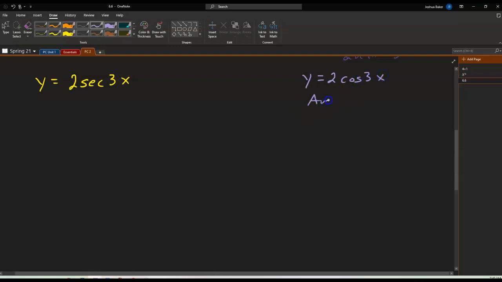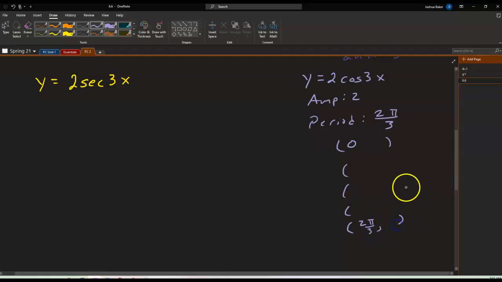Now here, I know that my amplitude is a 2, and I know that my period is a 2 pi over this b value, which is a 3. Okay? So my 5 important points, they are now going to start at a 0, and they're going to end at a 2 pi over 3.